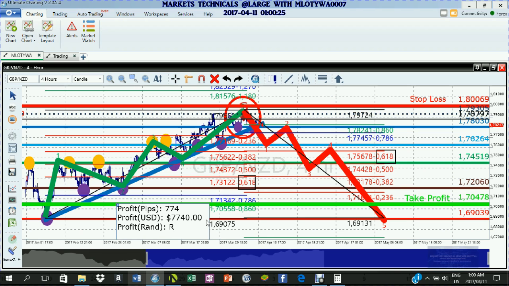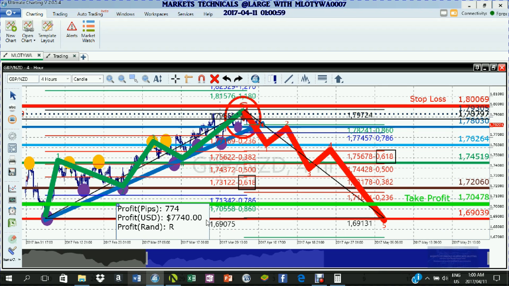The rand has fallen. We saw that for the past days because of how the markets have reacted towards our political decisions from our political leaders, guys. So you will realize that the rand now is somewhere around 13 rand 80 something.